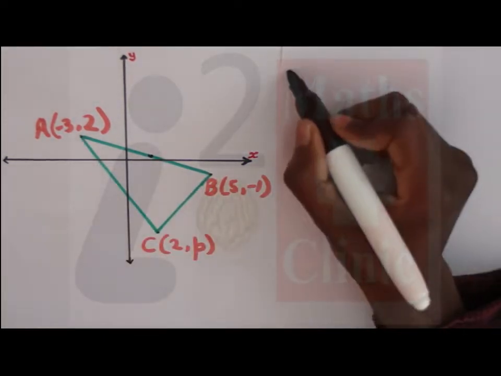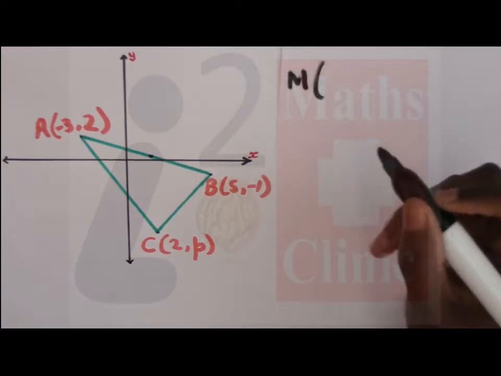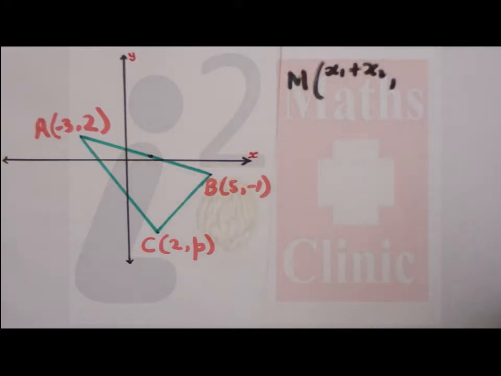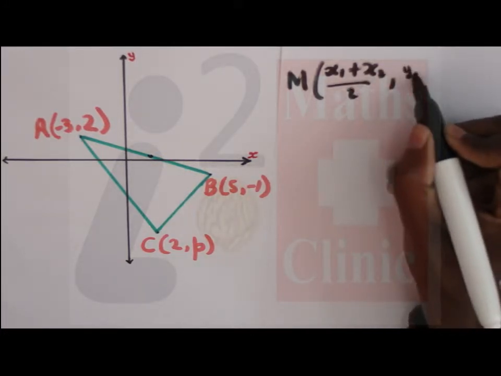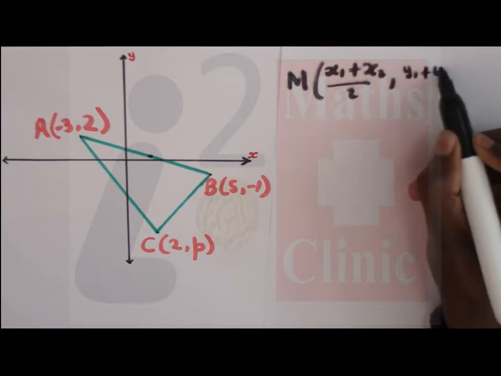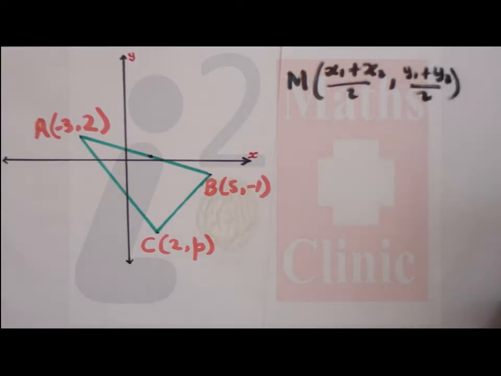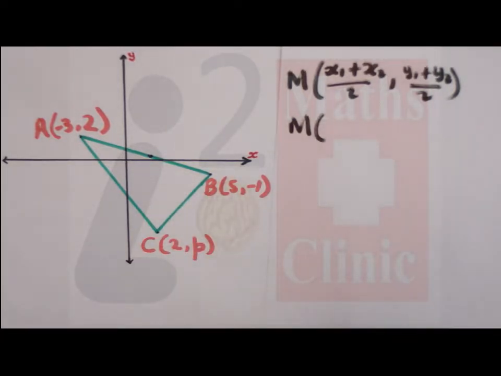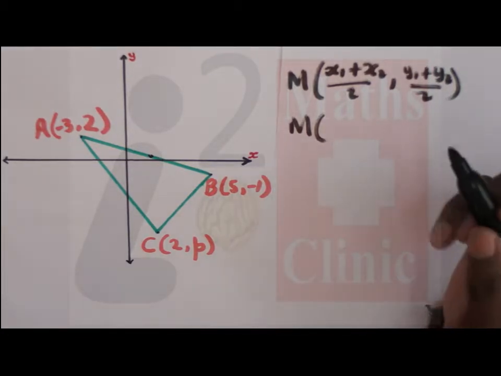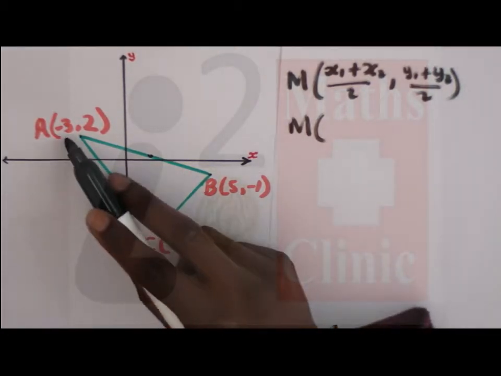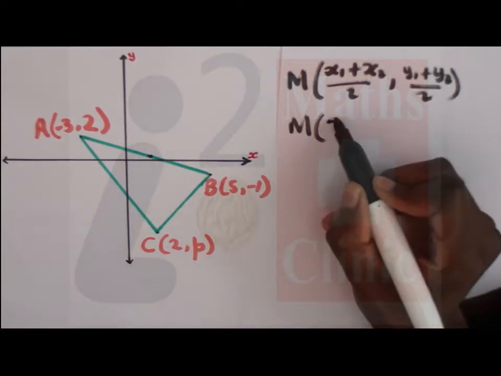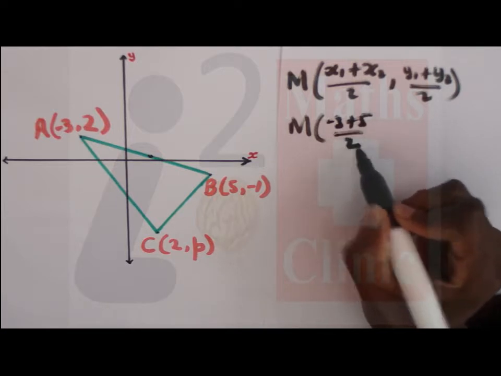For a midpoint we use the formula: M coordinates are (x1 plus x2) divided by 2 for the x value, and for the y value, (y1 plus y2) all divided by 2. Then we substitute; any point can be point 1, any point is point 2. So the x values are -3 and positive 5, so it's (-3 plus 5) divided by 2.